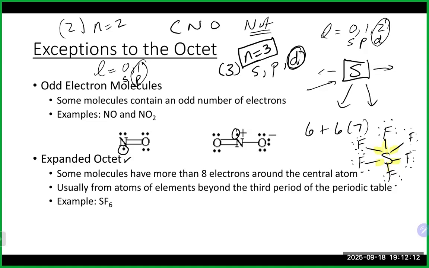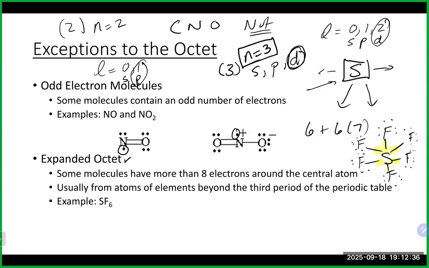All right. So to finish up this chapter, we were just talking about the exceptions to the octet rule. And as I mentioned before, the expanded octet is definitely the one we're going to see a lot in this class. And as we mentioned, anybody around sulfur on the periodic table and below has the ability to do that.